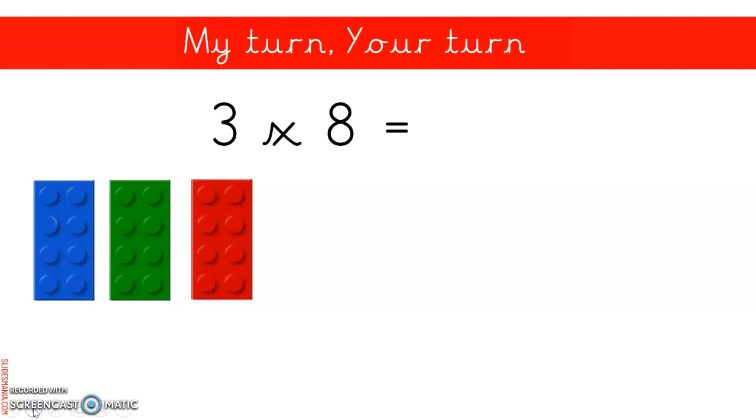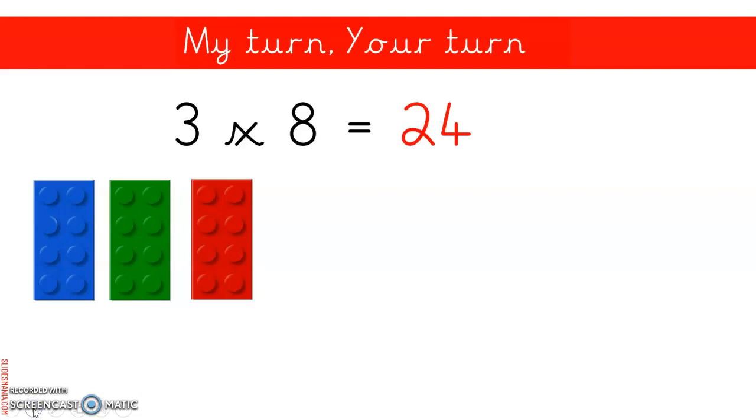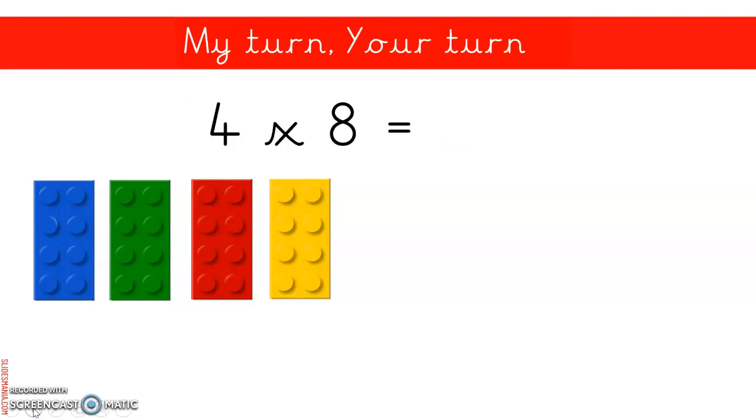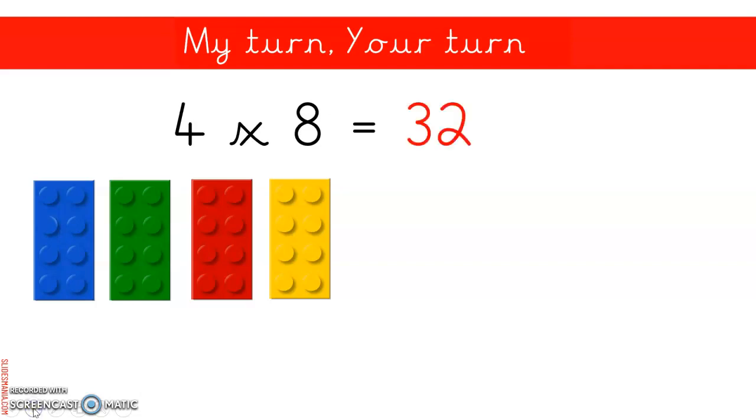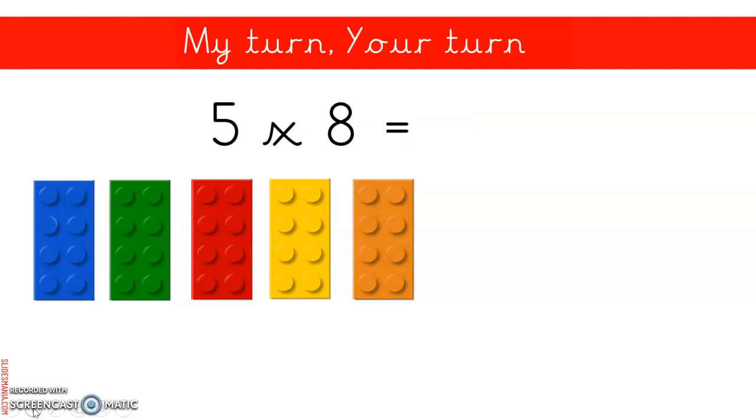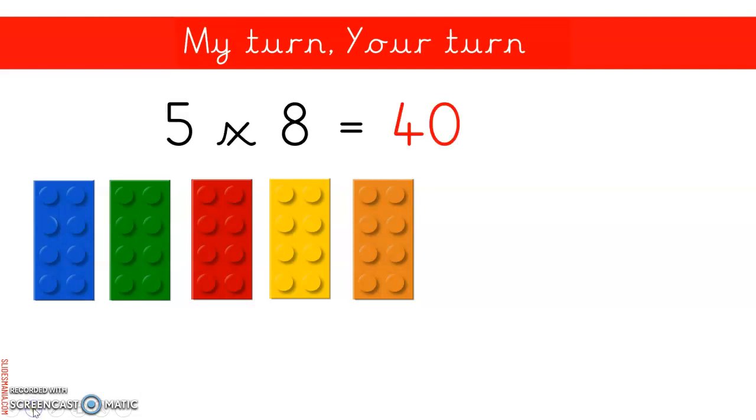My turn. 3 times 8. Well done. 24. 4 lots of 8 are. Great job if you said 32. 5 times 8 is. Your turn now. 40. Brilliant. We can use our 8 times 5 for that one.